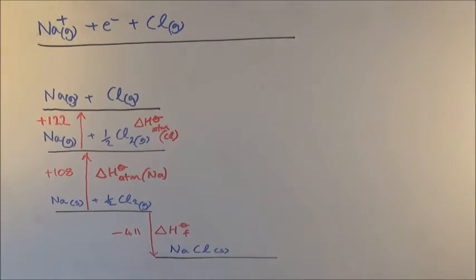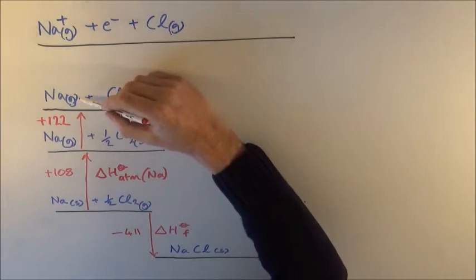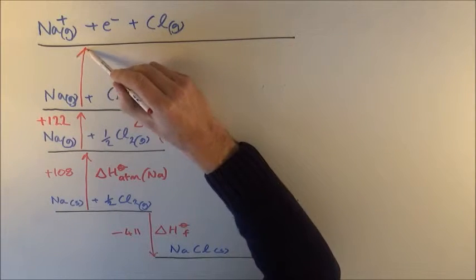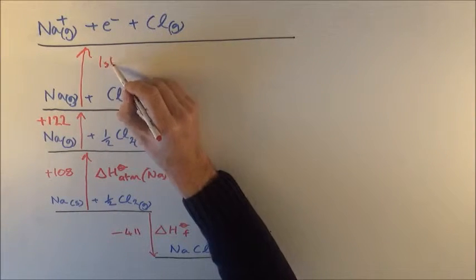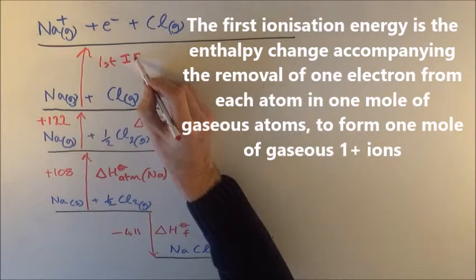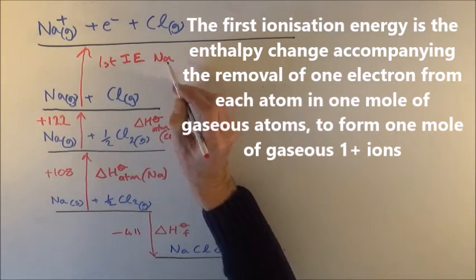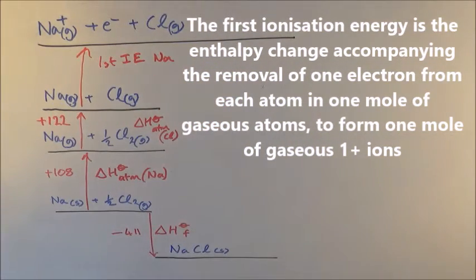So the enthalpy change corresponding to going from this level to this level is the first ionization energy of sodium. We've simply removed an electron from sodium.